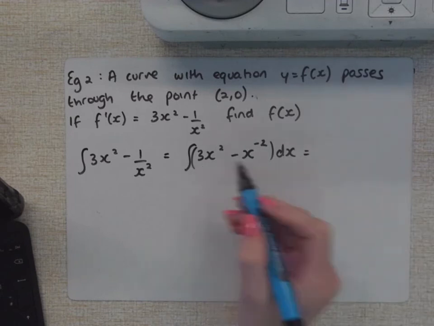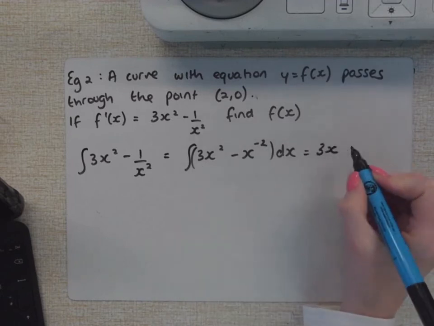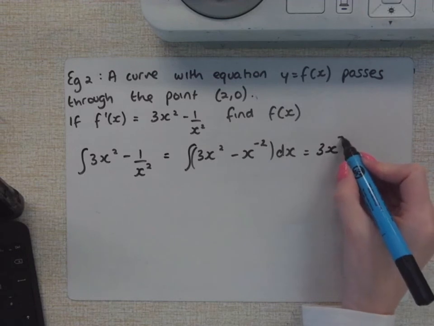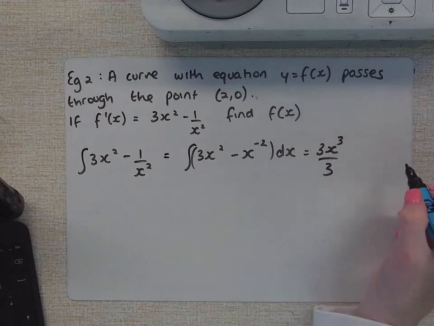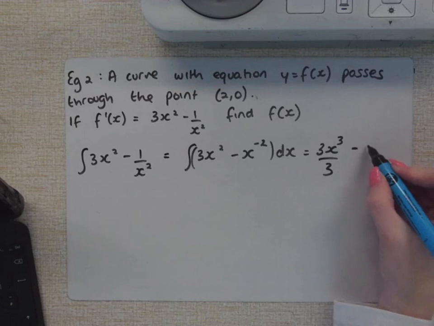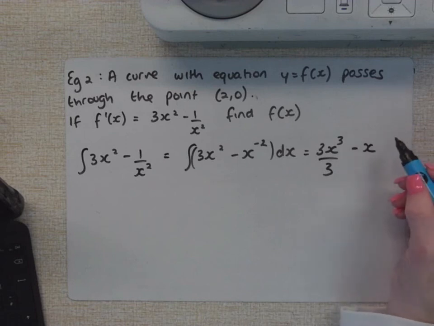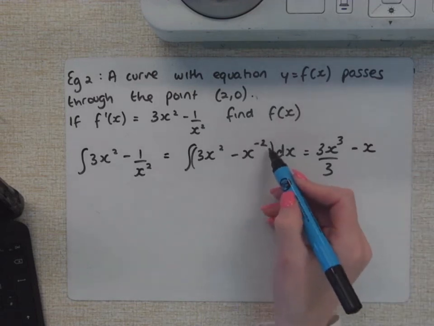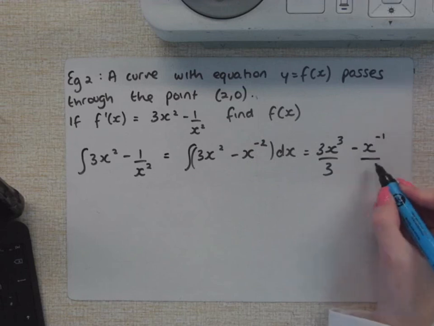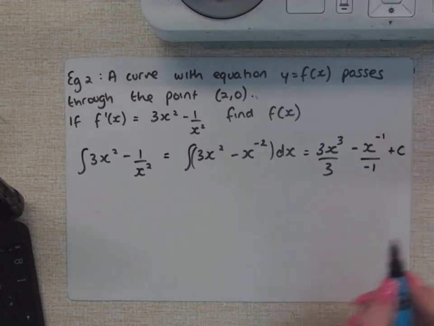It becomes 3x to the power of 3 over 3 minus x to the power of, increase that by 1, minus 1 over minus 1 plus c.